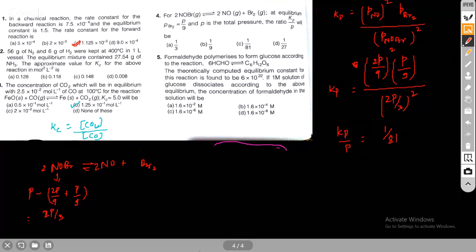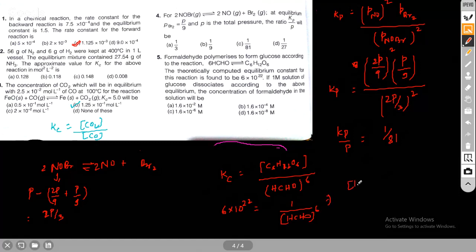So Kc for this reaction will be C6H12O6 divided by HCHO to the power 6. This Kc value is given, which is 6 into 10 to the power 22, equal to 1 divided by HCHO concentration to the power 6.